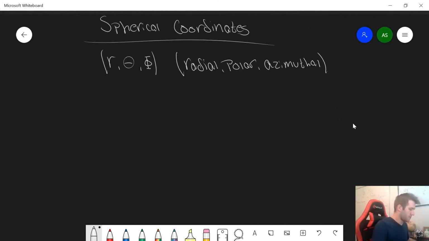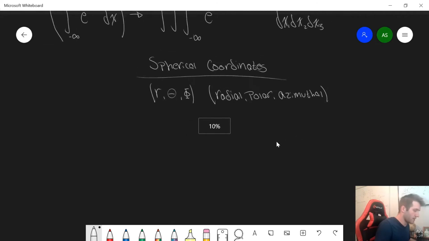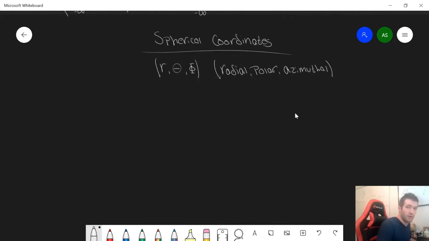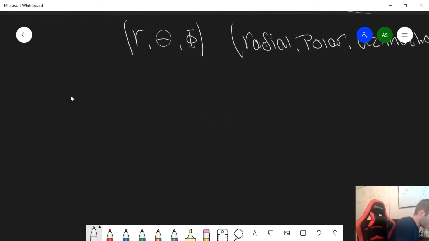Okay, so with that in mind, we can take our limits of integration and convert them. So to do that, let's zoom in here. We're going to have dx1, dx2, dx3, and that is going to be equal to r squared.